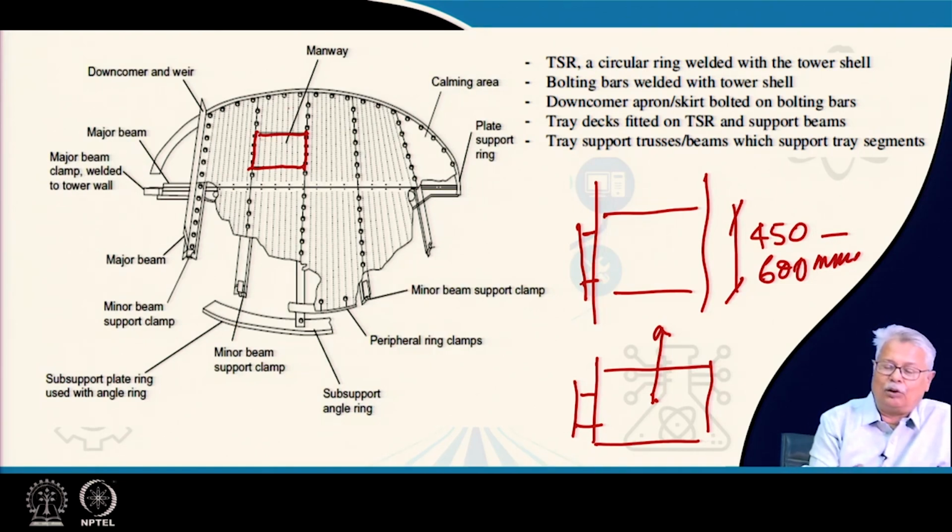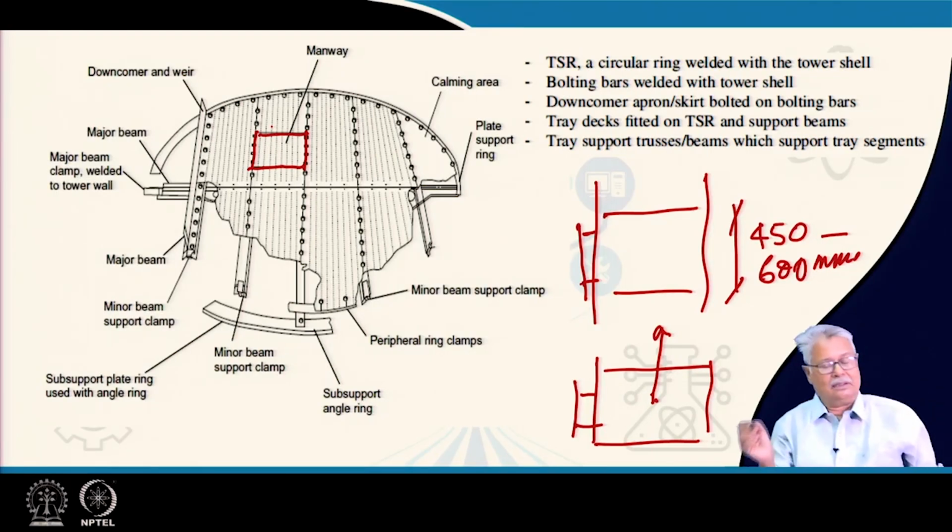So, all the rest of the pieces are bolted together, and the person goes to the top, sits over there and finally fixes the manway. When he opens this for inspection, the manway is opened first, the person goes down and then he inspects what is below that particular tray and what exactly is the condition there. So, this I had missed to explain in the last class, which I add now.